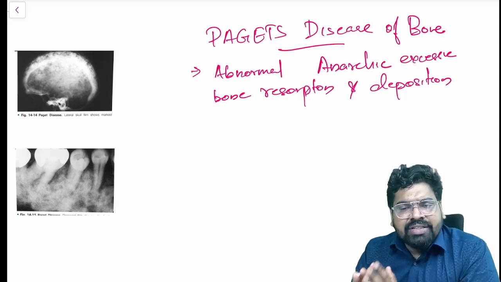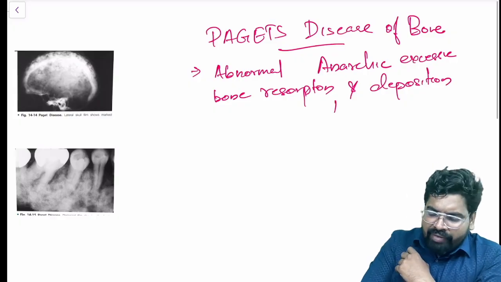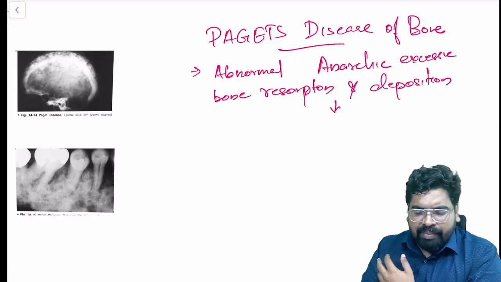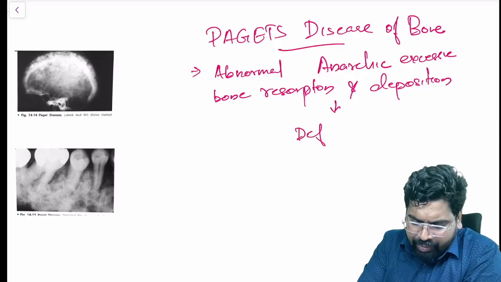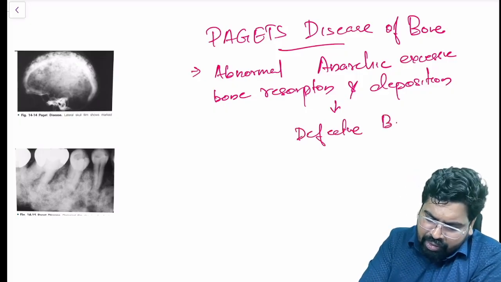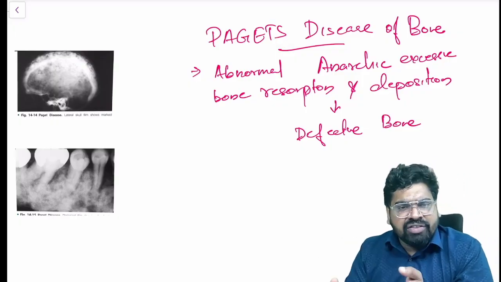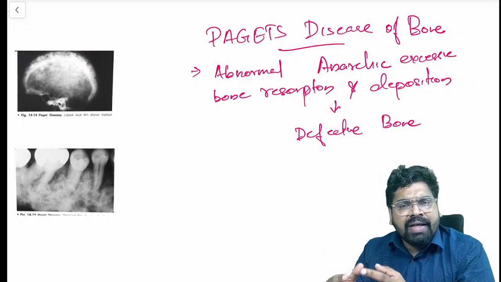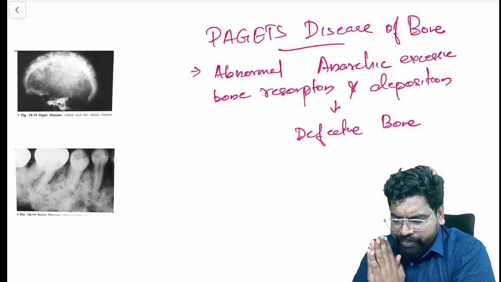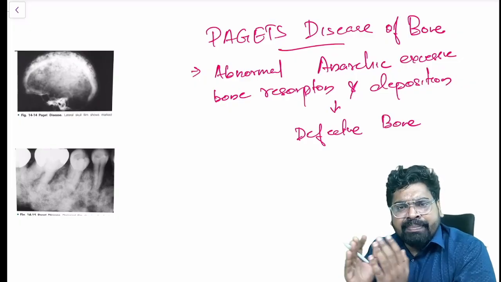The bone which is formed will always have some kind of defect. A defective bone is formed, and this bone is always susceptible to fractures, or it doesn't have any properties of a strong bone. Okay, so this is Paget's disease.